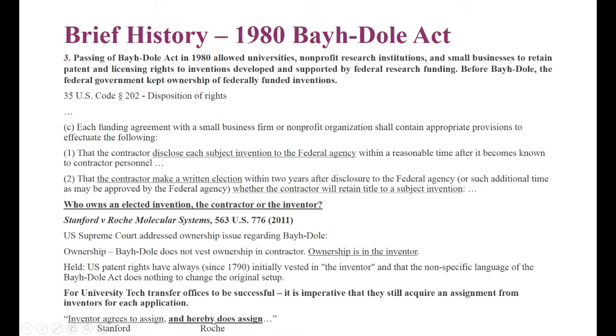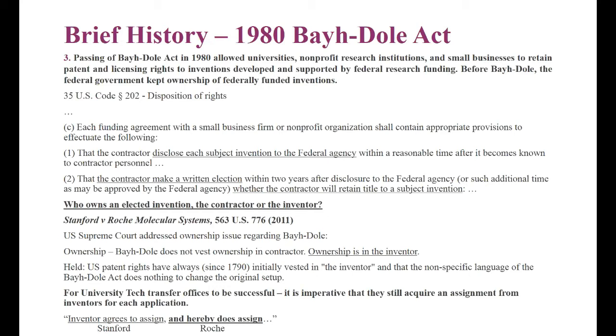The Roche agreement said both the inventor agrees to assign and hereby does assign. The court held that since there was a present assignment at Roche, but there was no present assignment at Stanford, the invention belongs to Roche, and Roche thereby claimed ownership under the Bayh-Dole Act.